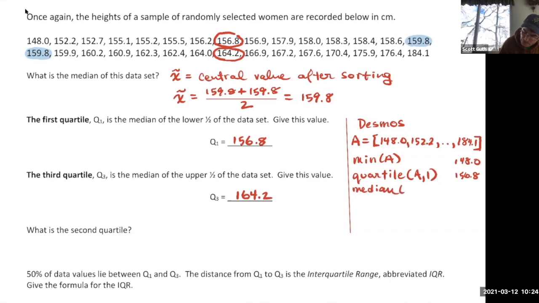So if you say median of A, there's no number that follows that. Median of A, and you just see it'll spit out the 159.8. Now we want the third quartile, so quartile A comma 3 for the third quartile, and it'll spit out the 164.2.